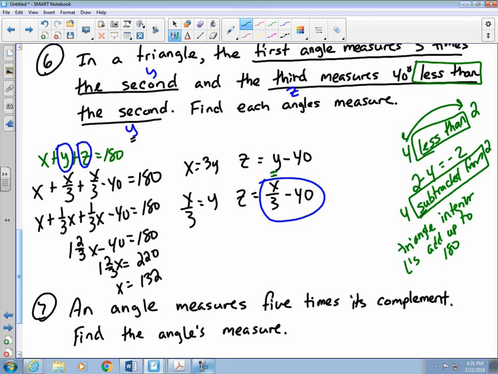Now we can go back and figure out, well, then what's y? So you take 132 and plug it right there. So y would be 132 divided by 3, which is 44.